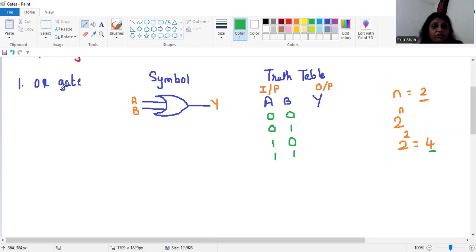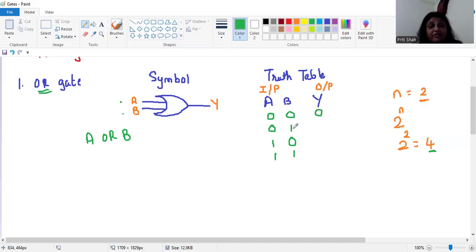So here, we know that this is an OR gate. OR means A or B. If any of this is present, the output is present. Okay. So 0 means absent, 1 is present. So if both are absent, if 0, 0 means both are absent, then the output is also absent.